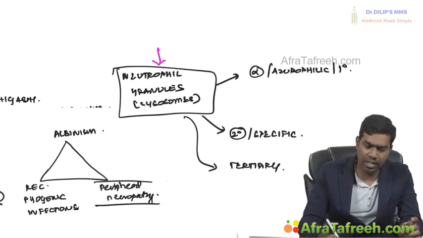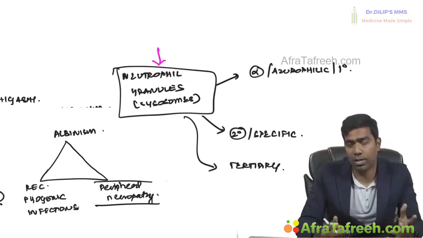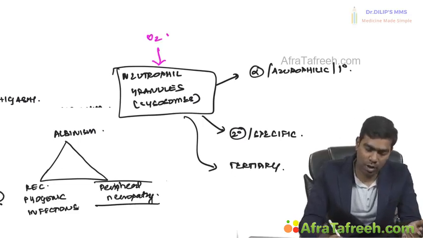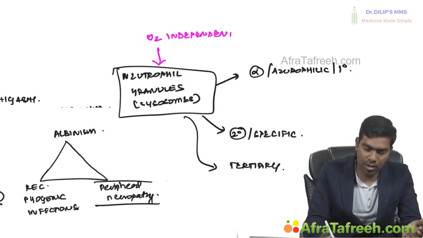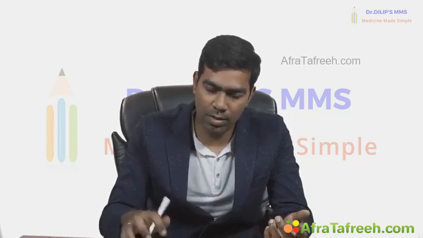These are important for a very important process called oxygen independent killing. Because till this time we saw oxygen dependent killing, but I didn't tell you what you mean by oxygen independent killing.